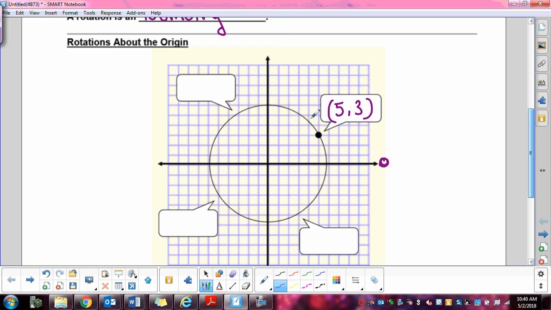And if I rotate it to right here, it's going to be at negative 3, 5. So there's a formula that we're going to see, or a pattern. This is going to be our rotating it 90 degrees. And this would be 90 degrees counterclockwise.